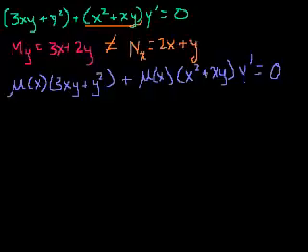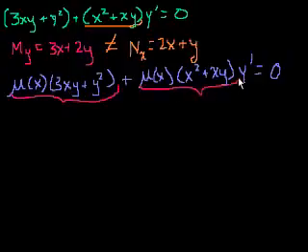So now if we consider this whole thing our new M, the partial derivative of this with respect to y should be equal to the partial derivative of the new N with respect to x. So what's the partial derivative of this with respect to y? Well, mu of x is only a function of x, not a function of y, so it's just a constant term.